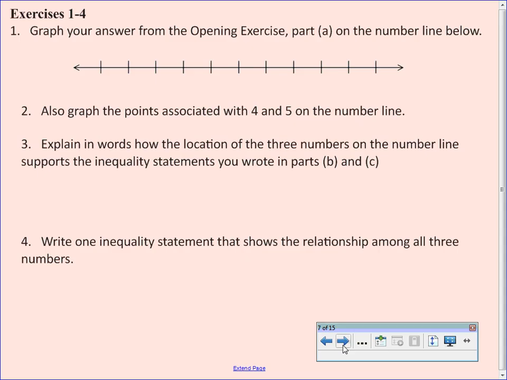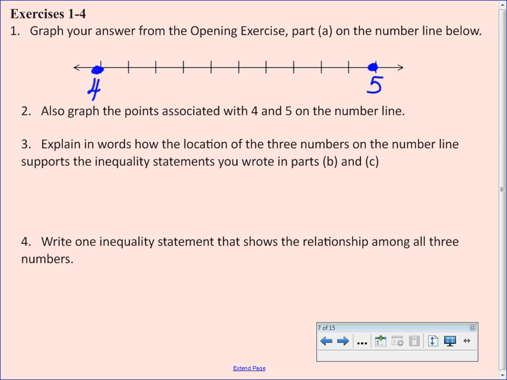Okay, so they want us to graph our answer on the number line below, and the points 4 and 5. So if we label this as 4, and we label that as 5, it looks like our number line is broken up into tenths.